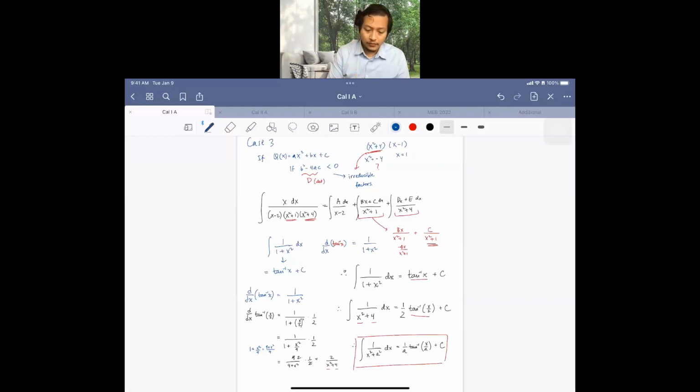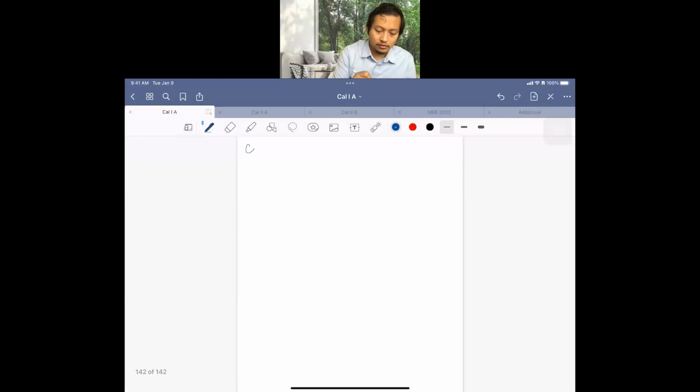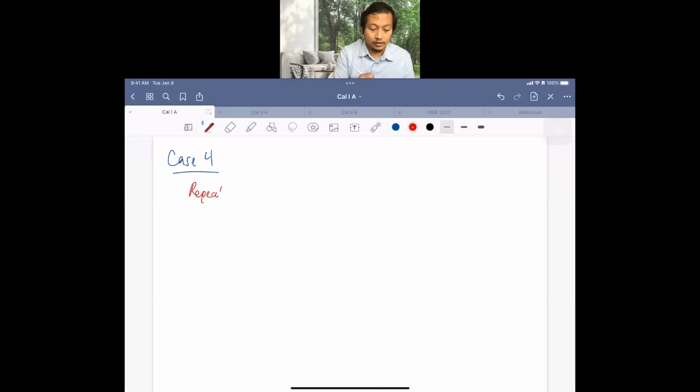Okay. Now the last case, case 4. So we have repeated linear, repeated, but irreducible factors.